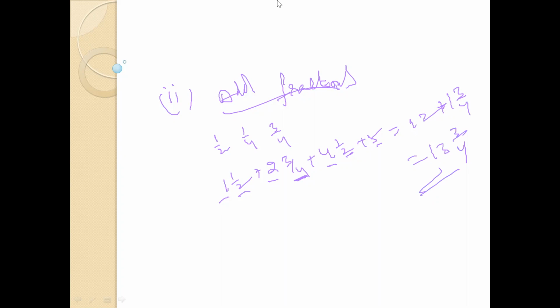Suppose the fractions are other than this, how can we add? 2 1/3 plus 4 2/3 plus 5: here 2 plus 4 is 6, 6 plus 5 is 11, plus the fractions. Here the LCM is 3, so we add 1 plus 2 is 3, 3/3. This value is 1. 11 plus 1 is 12. So we find the value this way.